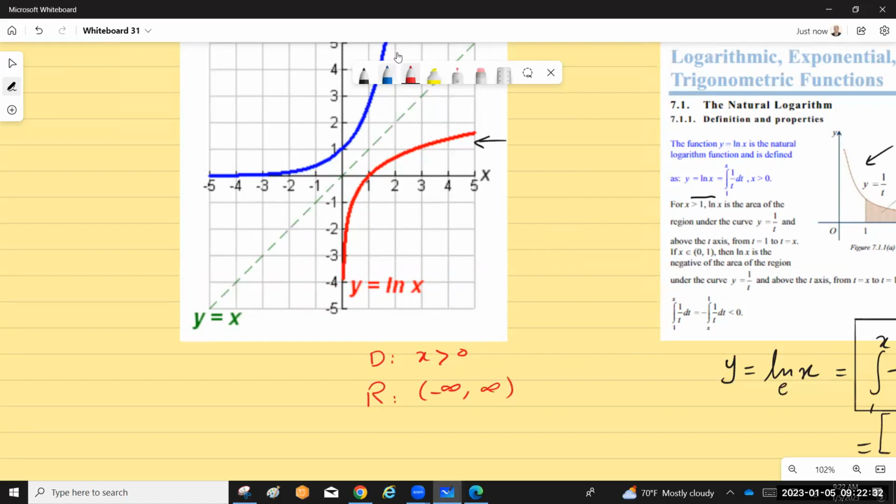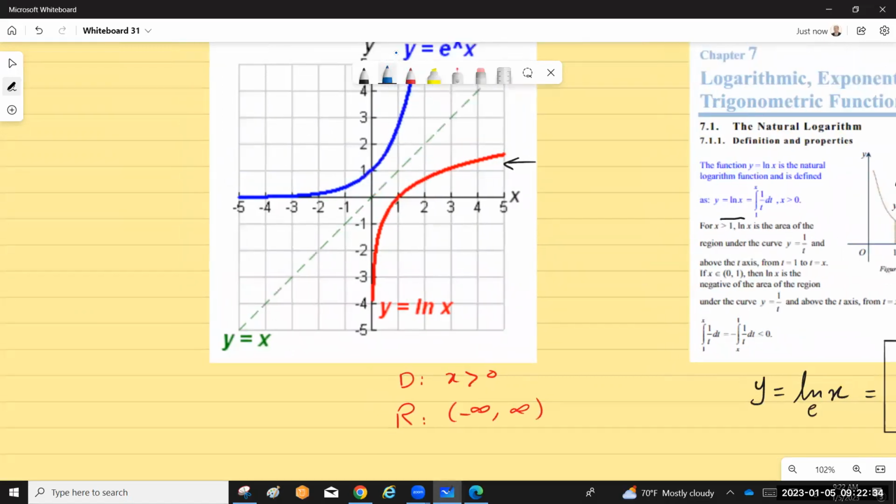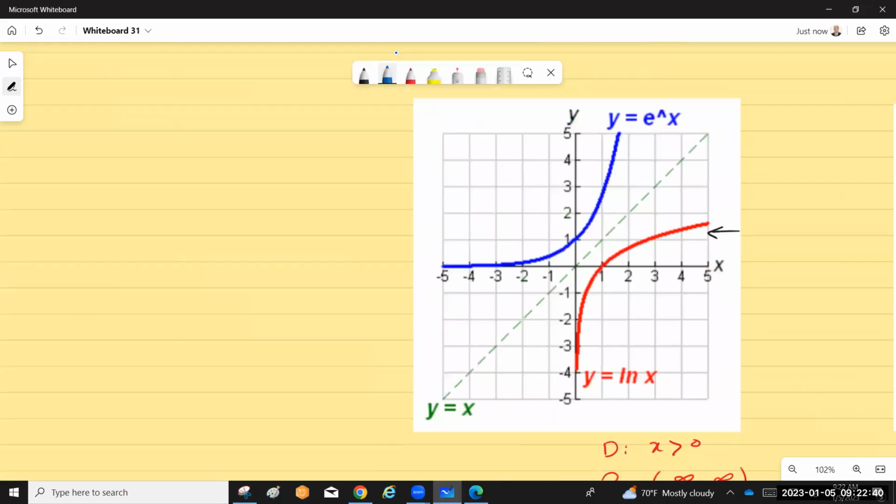On the other side, there's the inverse. The inverse of the ln function is e to the power of x. Why? I'm going to explain now. Consider the function y equals ln x. I want to find its inverse, y to the power negative 1. First of all, switch x and y. Just write ln y equals x.